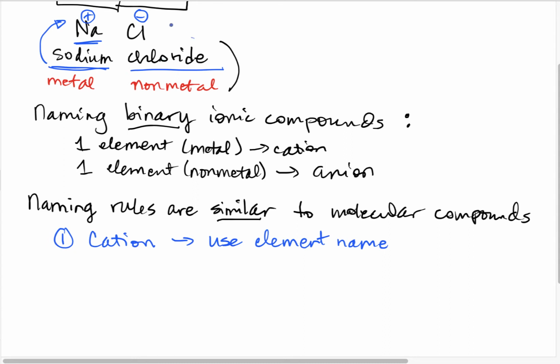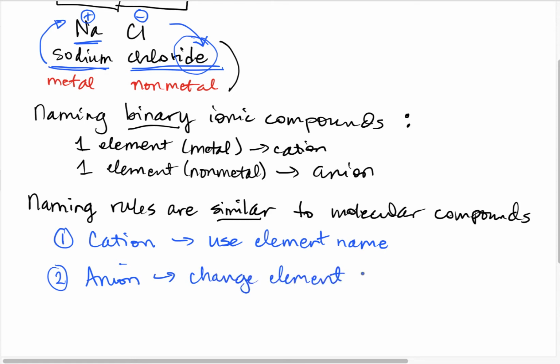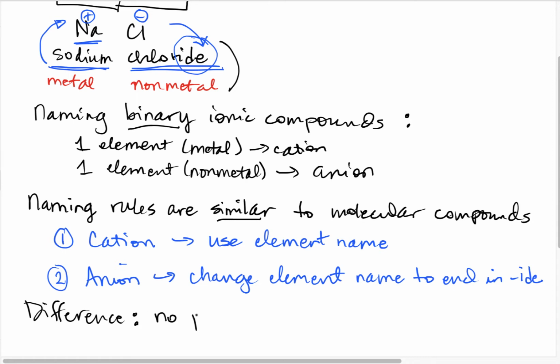And then for the anion, just like we did with those molecular compounds, we changed the end of the word from its regular ending to "ide." So we're going to change them the same way. The difference is that unlike with our molecular compounds, we don't use any prefixes.